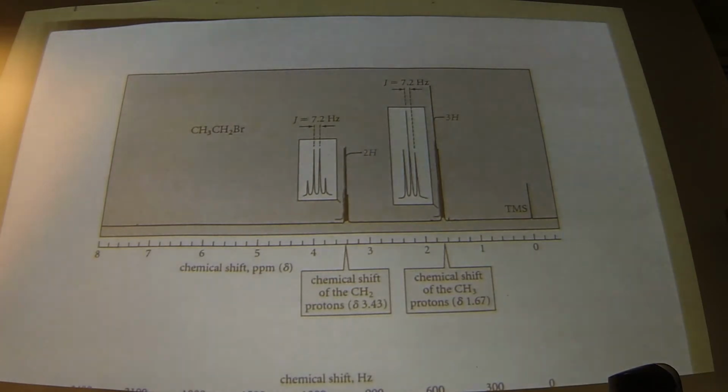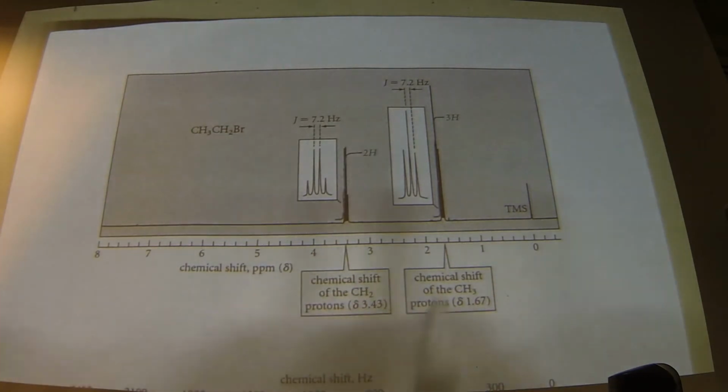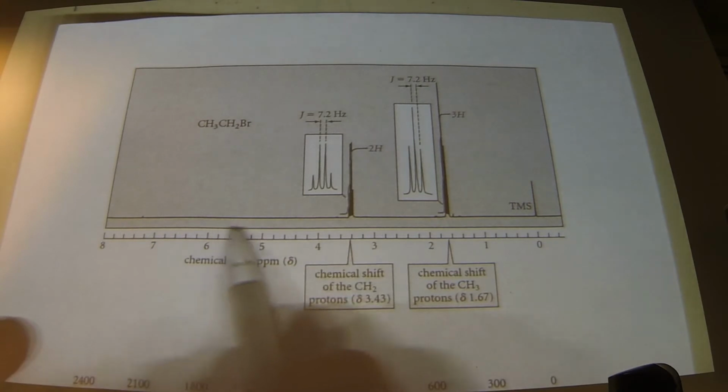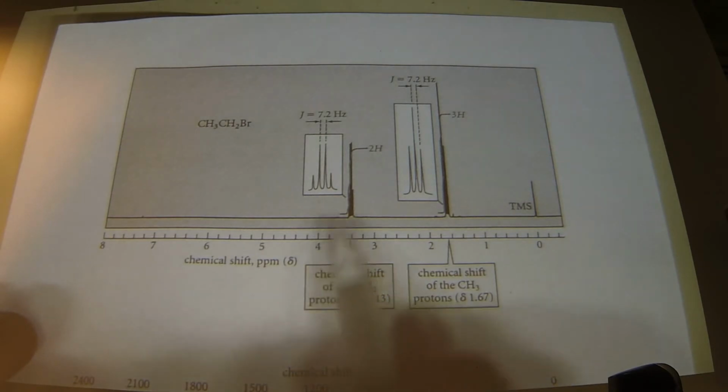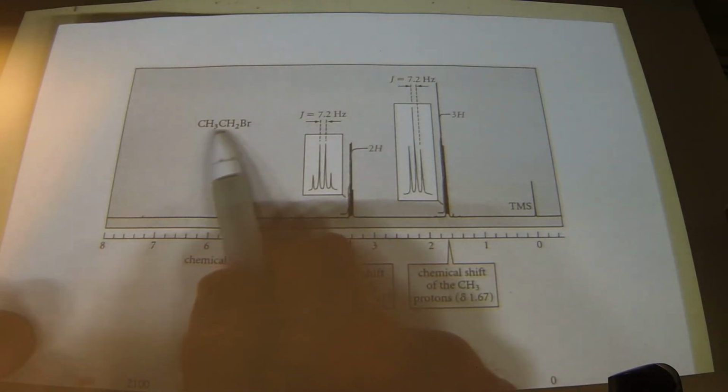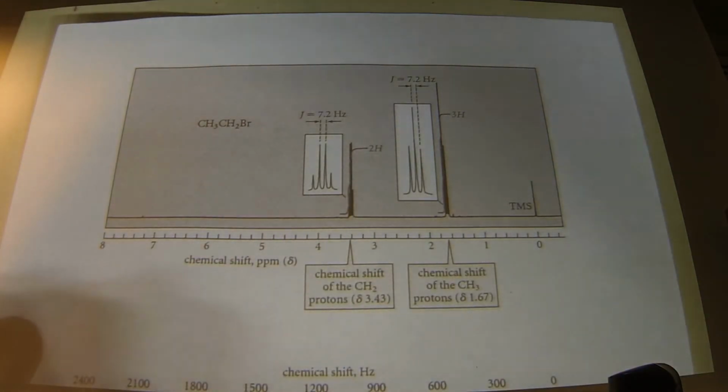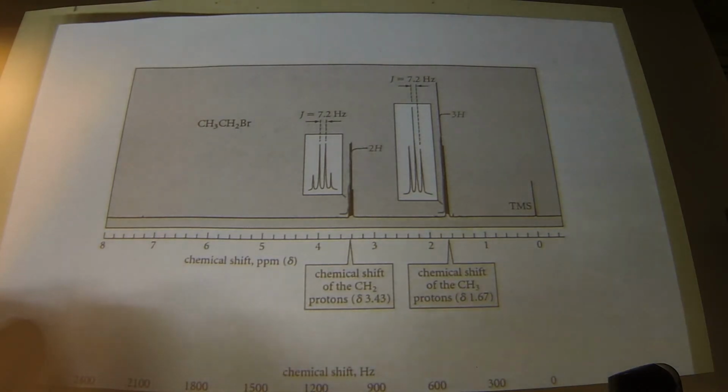They absorb at 4 different frequencies, which means they are experiencing not one magnetic field, but how many? 4. Because each one of these peaks corresponds to a different frequency, which means it corresponds to a different magnetic field. So somehow, these CH2s are experiencing not one magnetic field, but 4 different ones. How did that happen? Well, actually, not that hard to see.